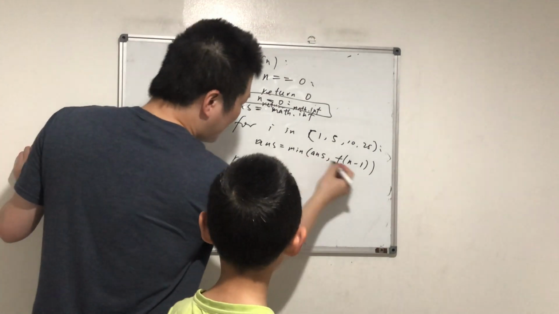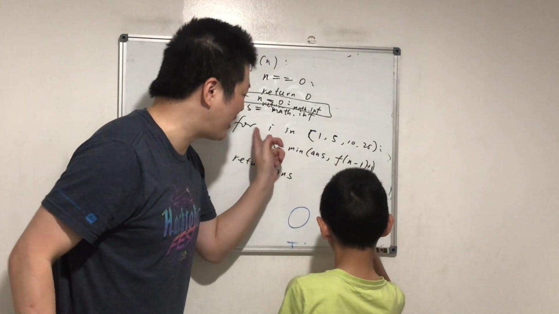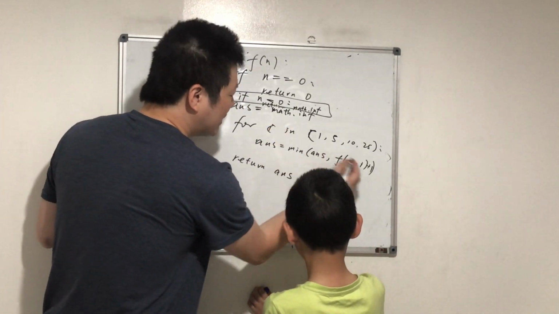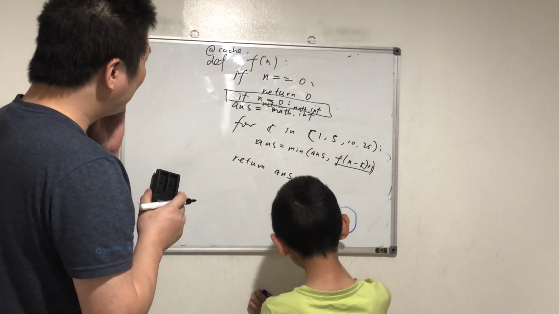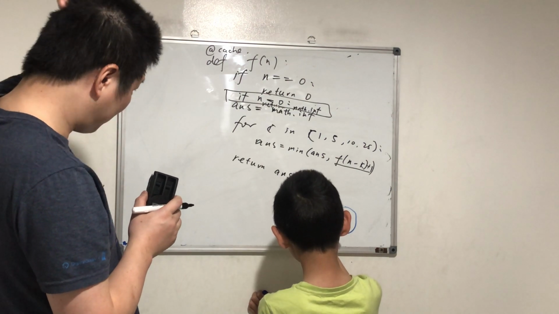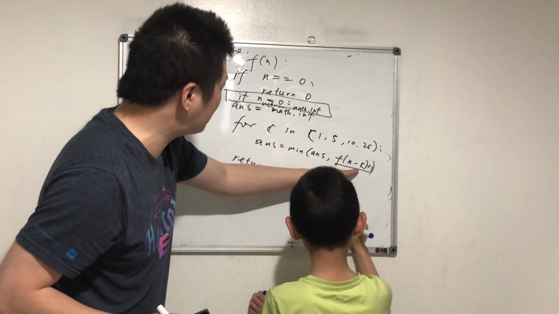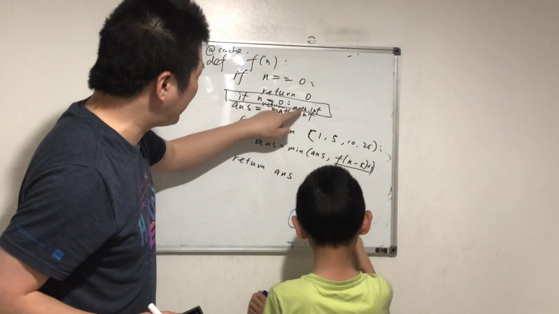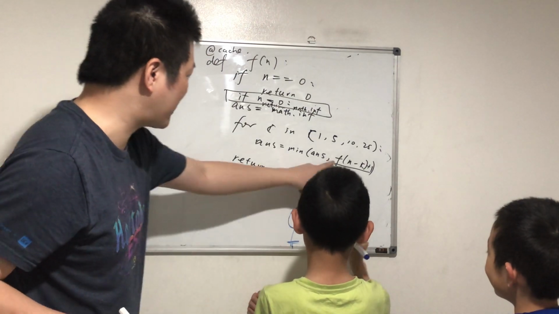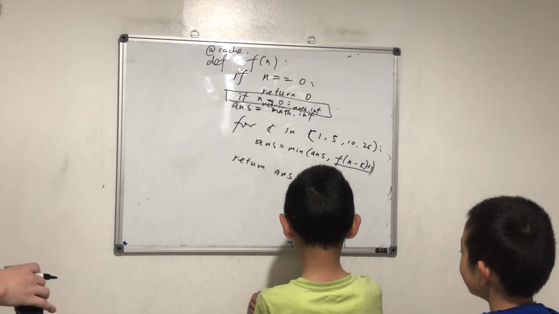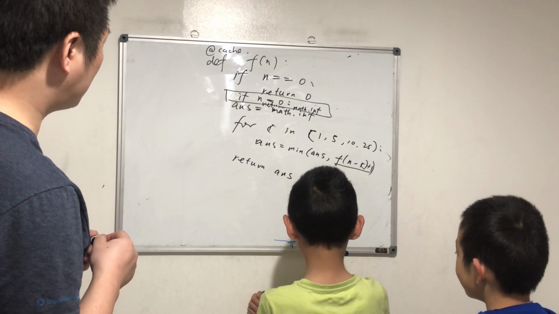Wait, min plus 1, right? Remember, we use the coin C, and then we need the rest. Does it make sense? Because if it's smaller than 0, that will return infinity plus 1. That's a very special case. Answer equals infinity.